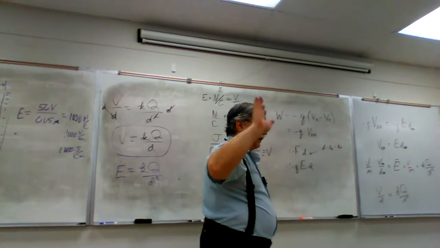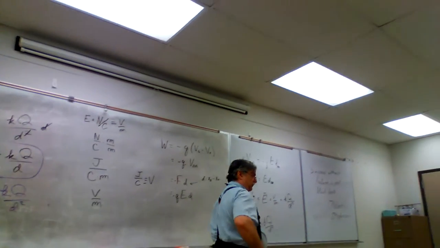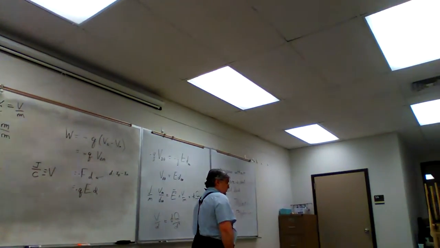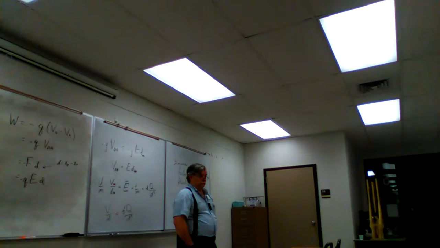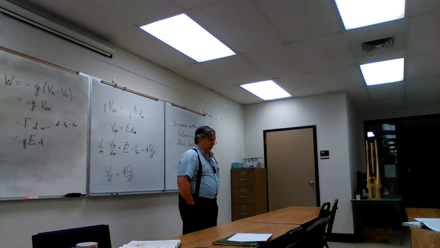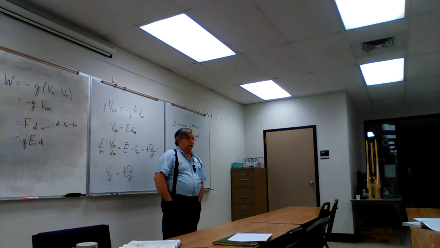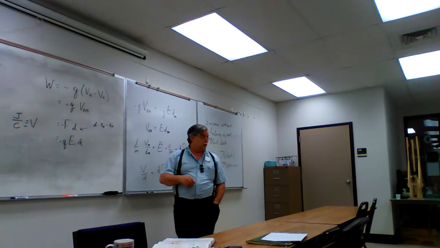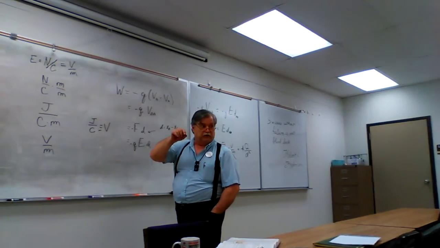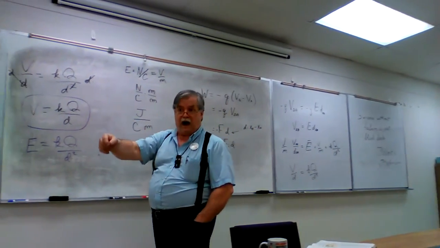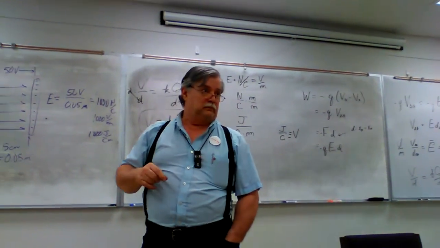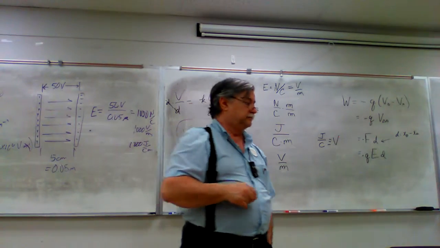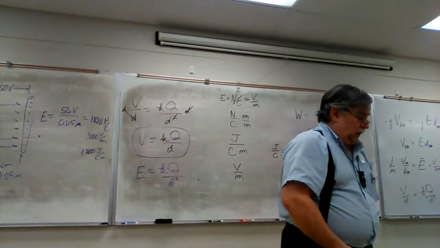They are free to move anywhere on that equipotential surface they want to. It takes no work to do so, because the work done is equal to the change in potential. So in order to do work, you have to move it from whatever potential it's at to a higher or lower potential. Right?